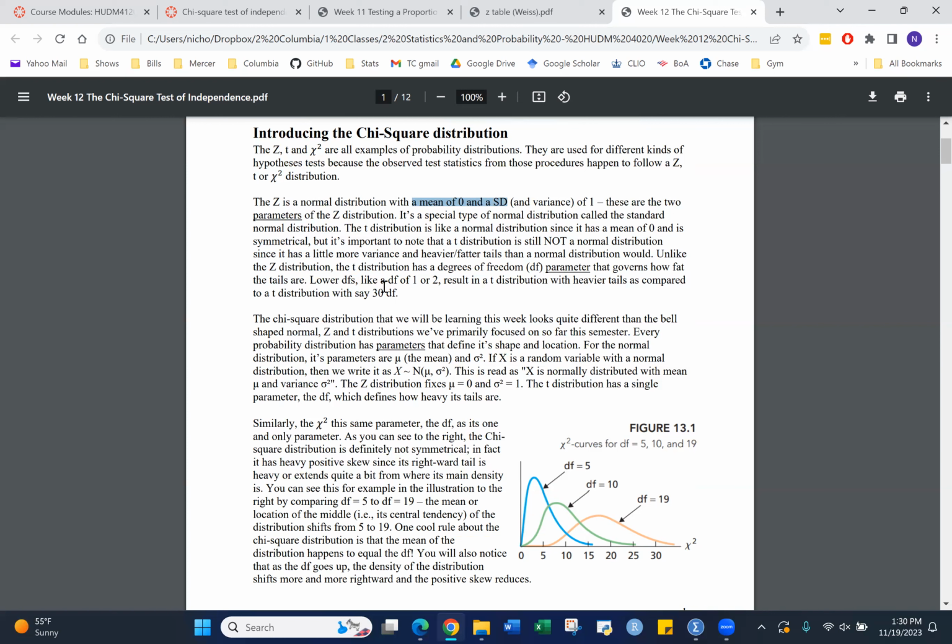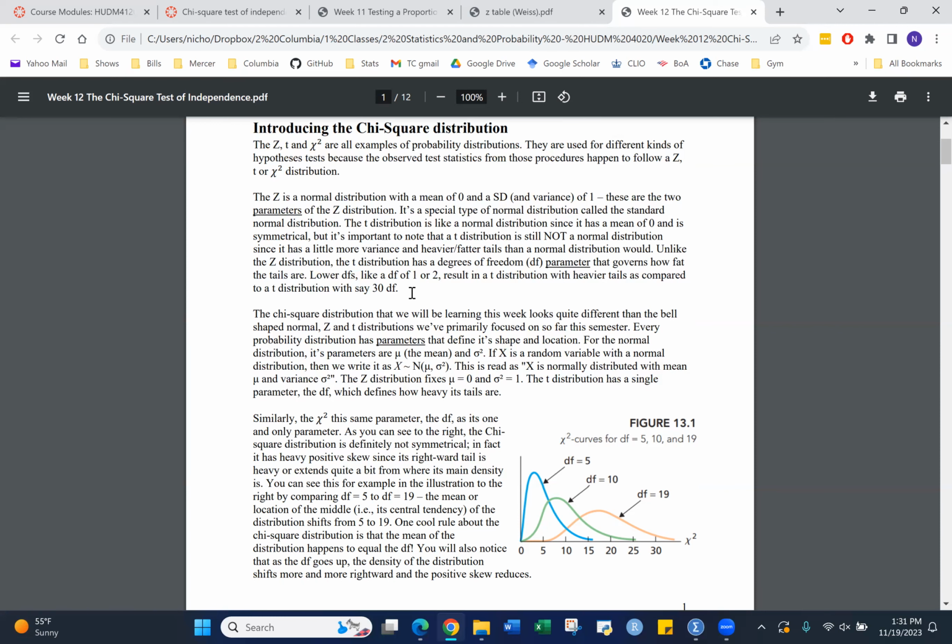The t distribution has one parameter, the df. For a df of 1, it has larger tails, so more observations fall away from the middle. As the df goes up to 10, 20, 30, 100, infinity, it looks more and more like the normal distribution, and more of the observations fall closer to the center.